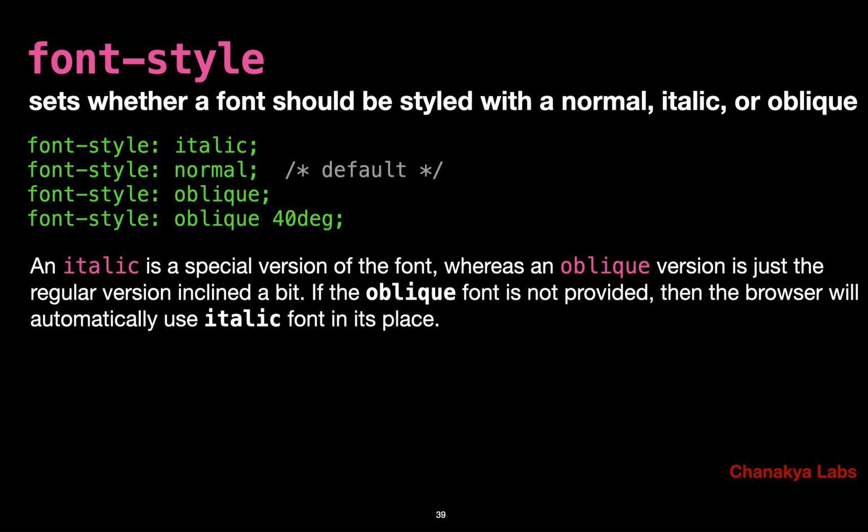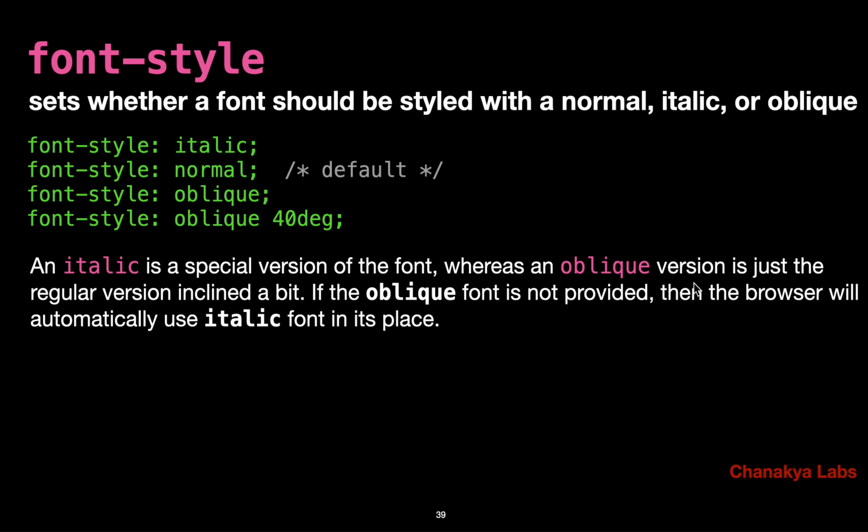I'm not aware of that, but the main point is that you can understand that italics are a specialized version of fonts which are specifically provided by the font designers. But oblique is like simply normal fonts, but maybe that font supports some degree of tiltness, you understand.